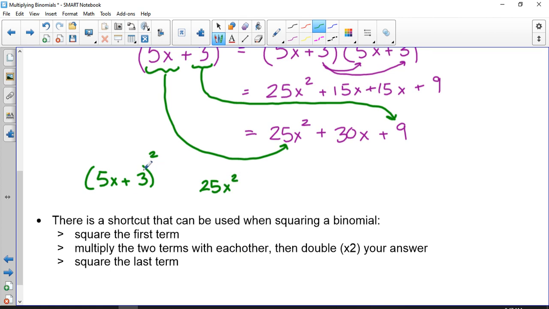Square the last term: 3 squared is 9, and that goes at the end. And then for the middle, multiply the two terms with each other, then double your answer. So 5x times 3 is 15x. Doubling that, multiplying by 2, gives us 30x. And there's our shortcut.